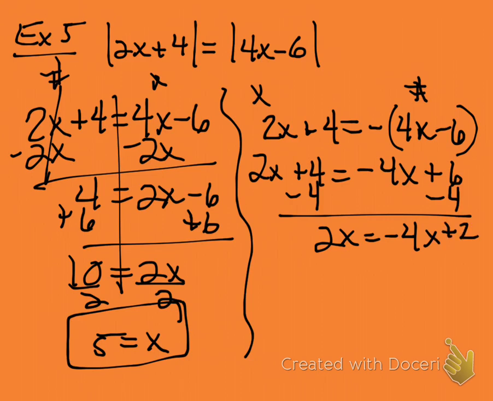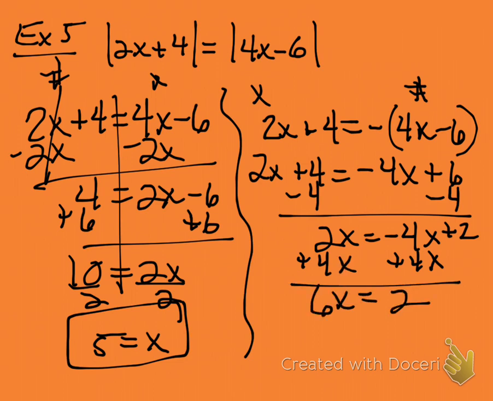And I'm good on the left side. Let's look at the right side. Need to get rid of these x's. Plus 4x, plus 4x. 6x equals 2. And divide by 6. Divide by 6. Is the answer 3? Don't say 3. Don't do it. It's 1/3. Don't flip those over. If it's 2 over 6, make sure it's 2 over 6 and it's a fraction.